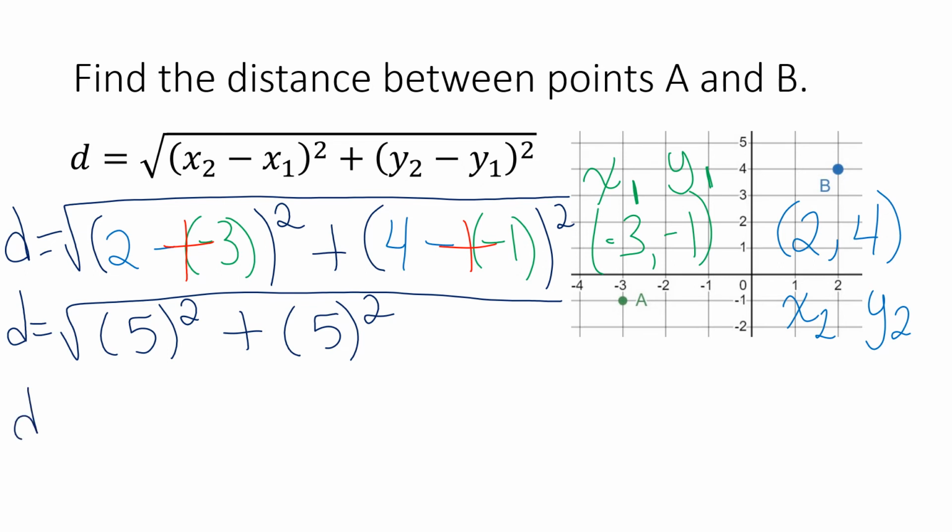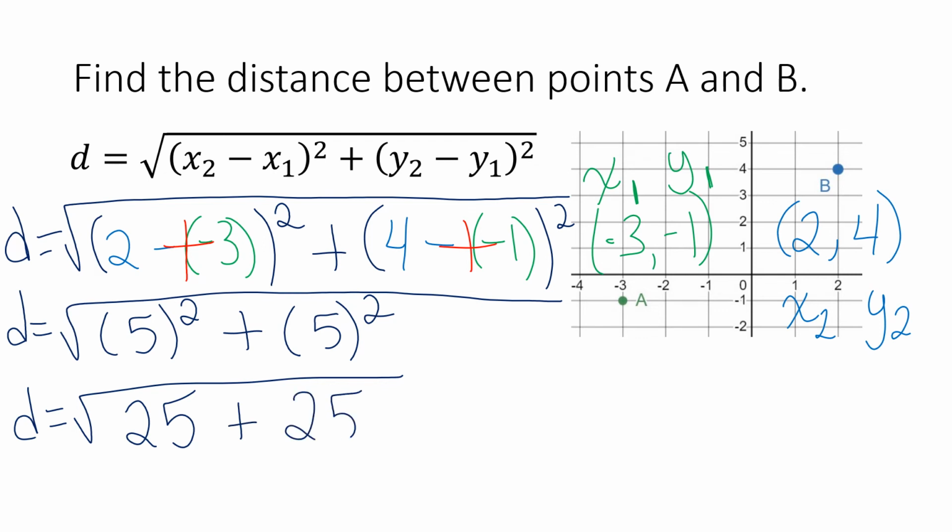Now, following order of operations, we're going to do our exponents. 5 squared is 25. So we're going to square 5 again, which is 5 times 5, 25. Now we will add 25 and 25 to get 50. So the distance between points A and B on this coordinate plane is the square root of 50 units.